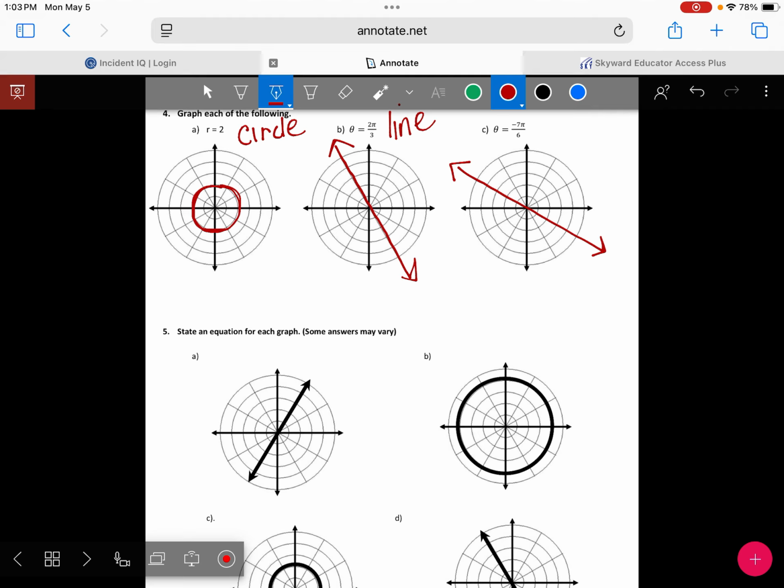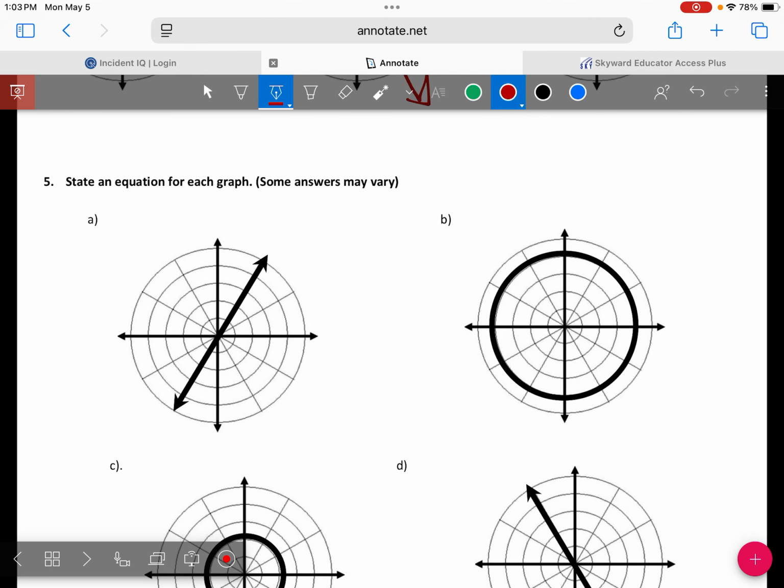So now let's practice naming these graphs. So we have our first one. This is going to be a line, so it's going to be theta equals, somebody give me one name. In radians, let's go back to radians. Pi over 6. Pi over 3. Oh, yeah.